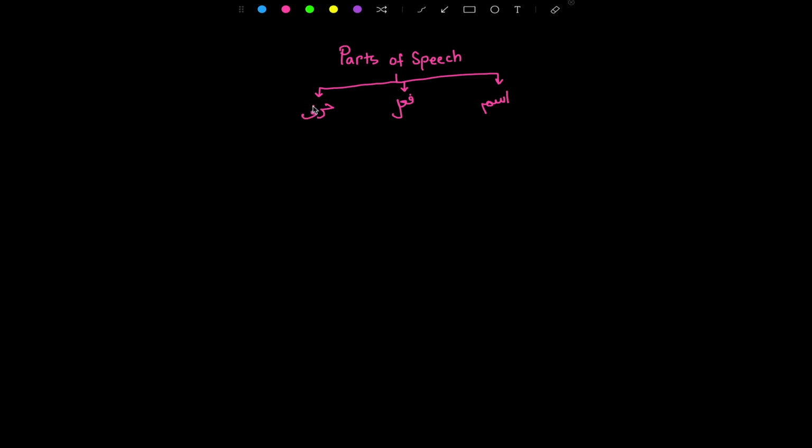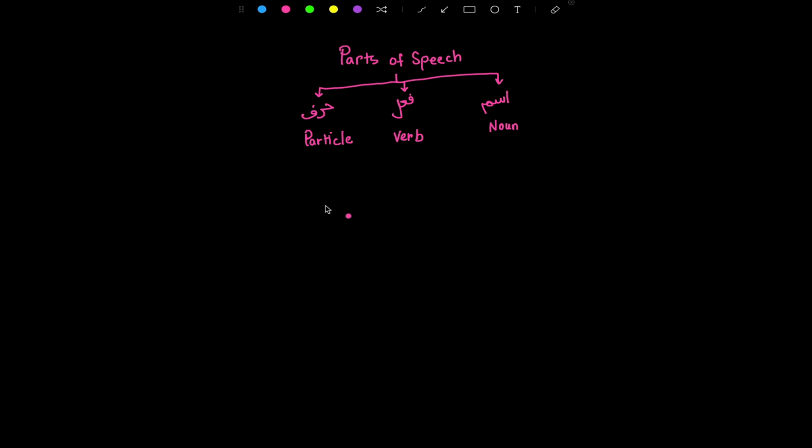Ism means noun, basically. Fi'l means verb. Harf means particles. So noun, verb, particle. This is a basic definition, inshallah, but there is much more that we can say about ism, fi'l, and harf once we study further.